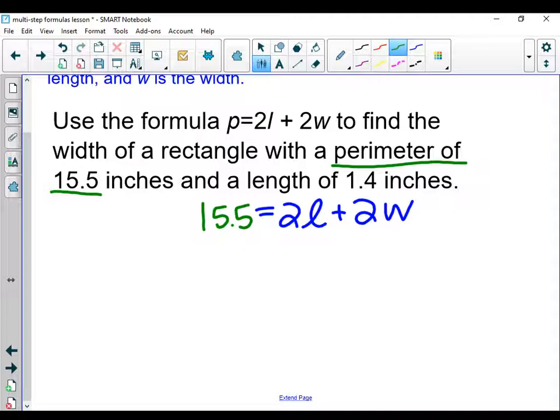That has a really fancy math name of substitution. Bryn, and then would you make 2L? Would you make that 3.4? Because the length is 1.4. Ooh, very close. So yes, L is going to become a 1.4. But why was it smushed together anyway? Oh, times. Yeah.